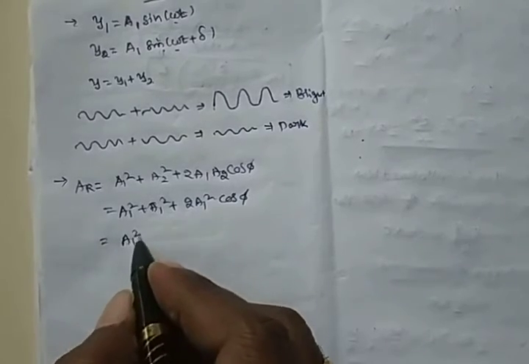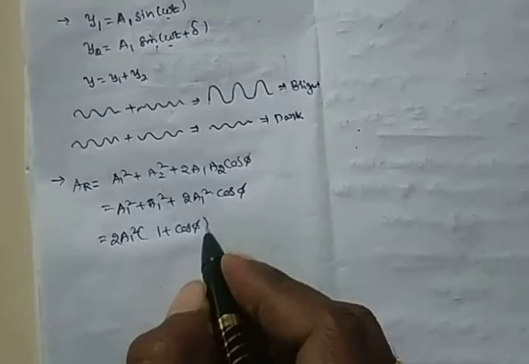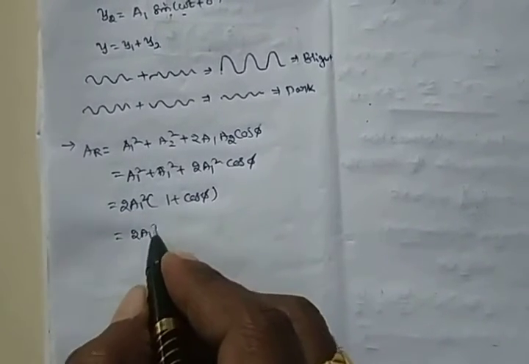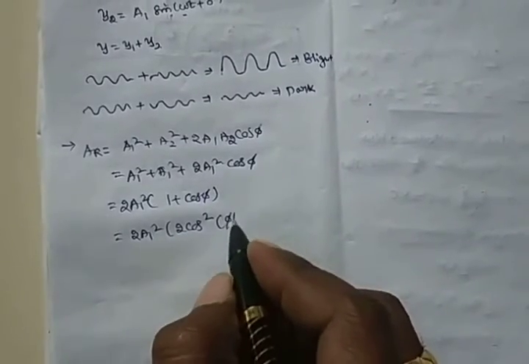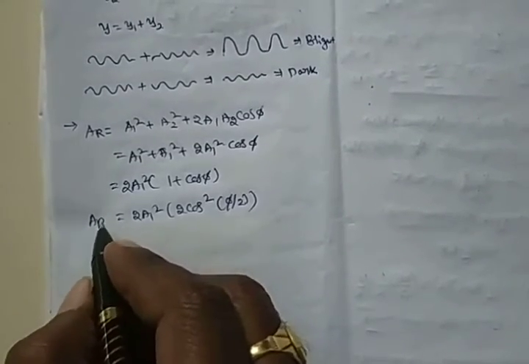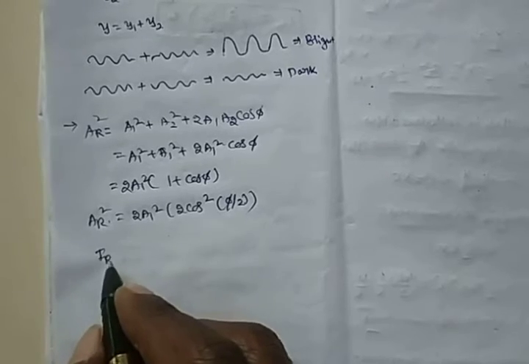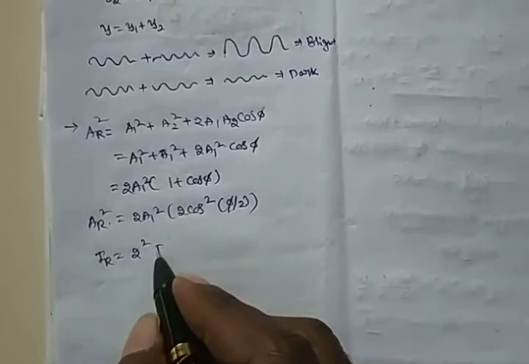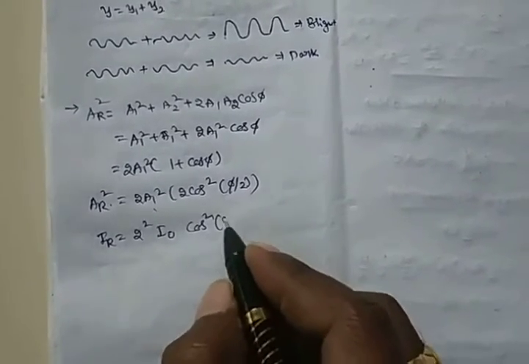Now a1 square common, times 2 plus 2 cos phi, which is 2a1 square multiplied with 2 cos square phi by 2. So the resultant amplitude square, this is the resultant intensity, is 4 times the initial intensity, cos square phi by 2.